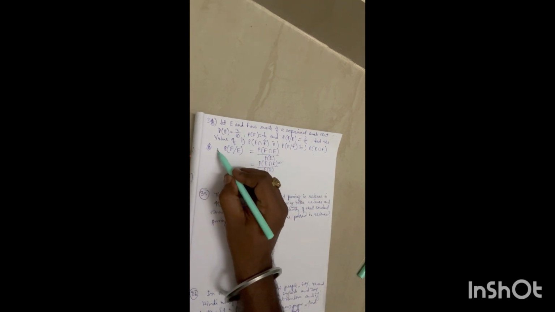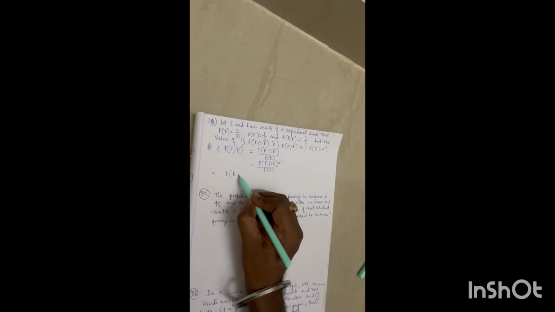So now in the first problem, E intersect F has to be calculated. So we can also write E intersect F as equal to probability of F given E into probability of E. So we know the values.